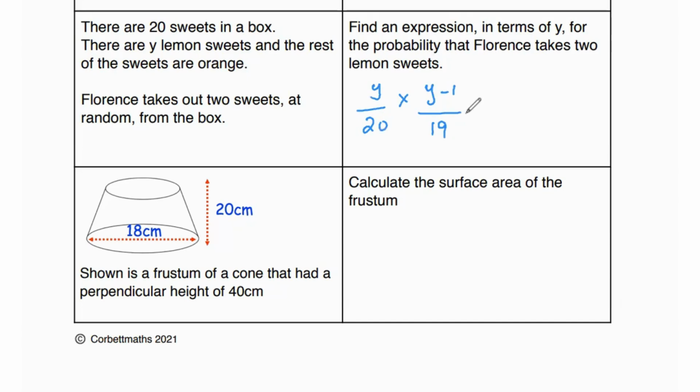So since there's 1 less lemon sweet, that means the total number of sweets has also been reduced by 1. Hence, it's times (y minus 1) over 19. So that's going to be y times (y minus 1) divided by 20 times 19, which is 380.